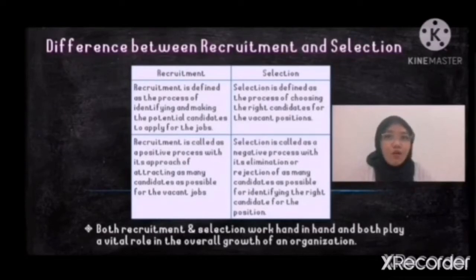Recruitment is called a positive process with its approach of attracting as many candidates as possible for the vacant jobs. Selection is called a negative process with its elimination or rejection of as many candidates as possible for identifying the right candidates for the position.